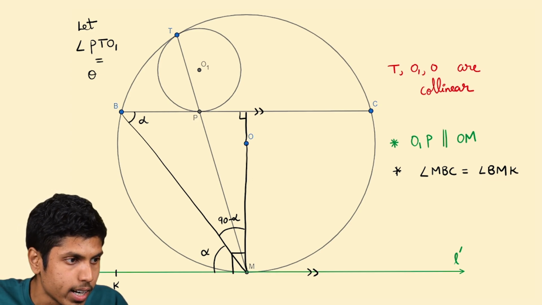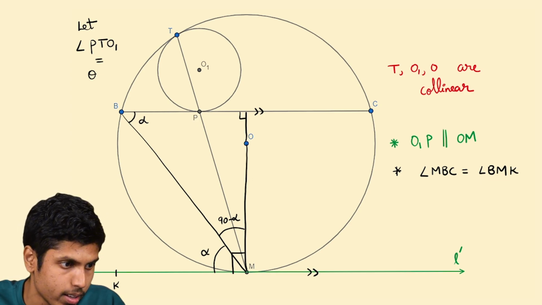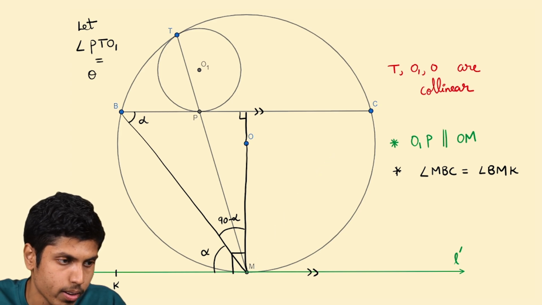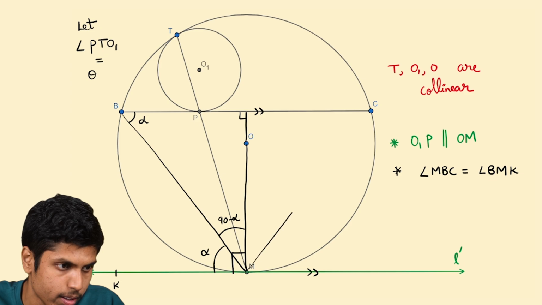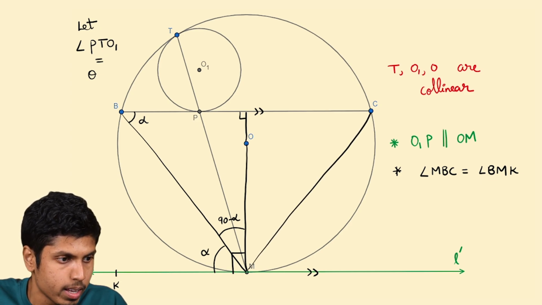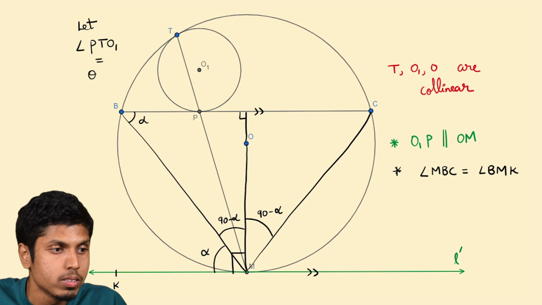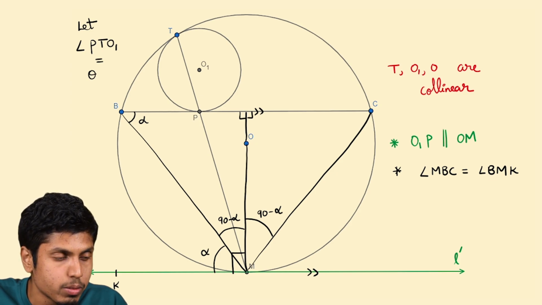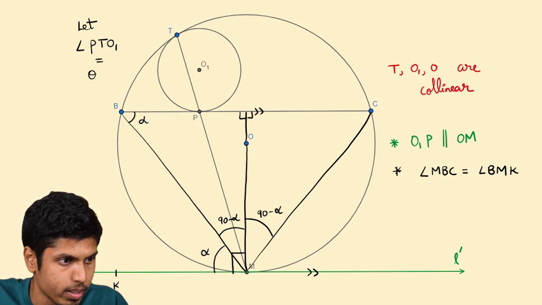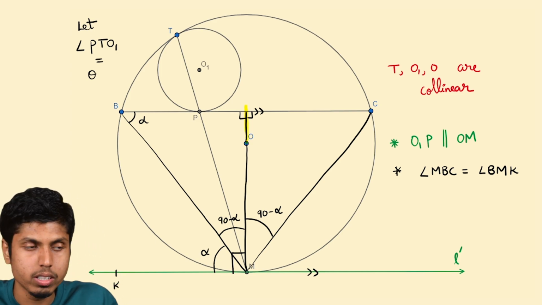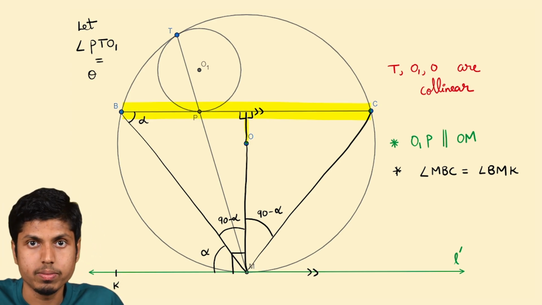Let's go the other way. This angle will also be 90 minus alpha, because the perpendicular from the center of the circle bisects the chord BC.